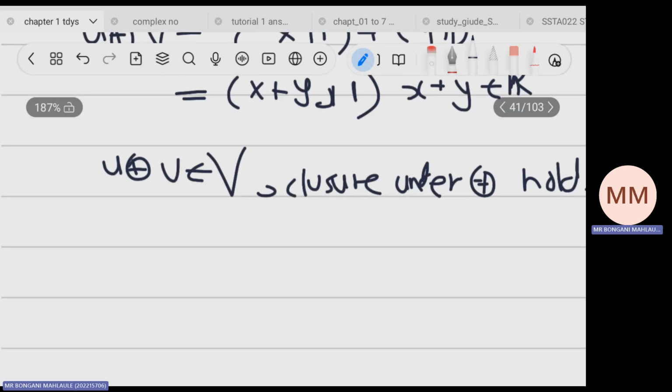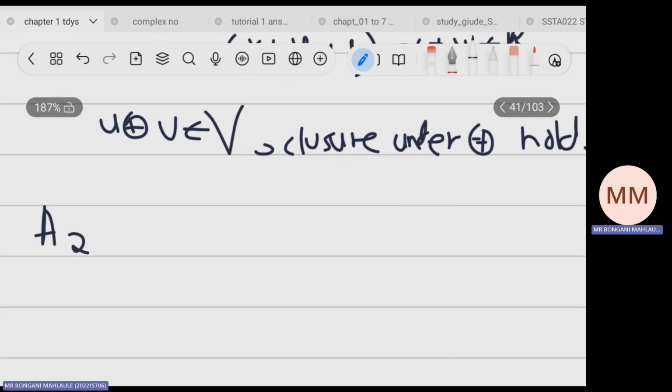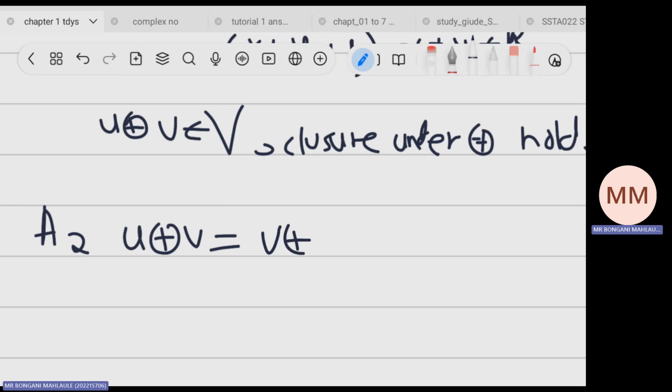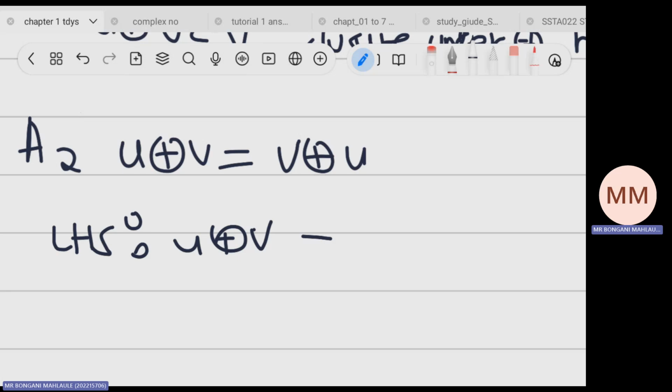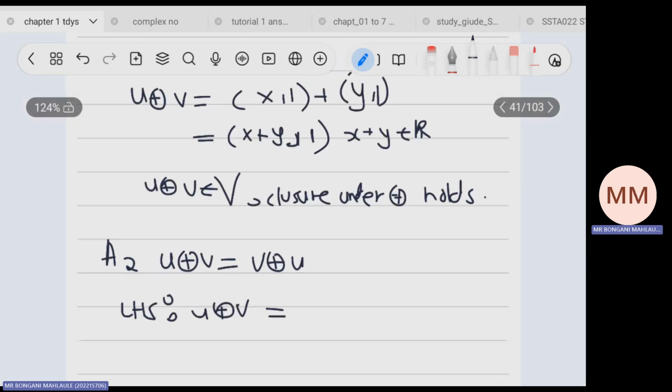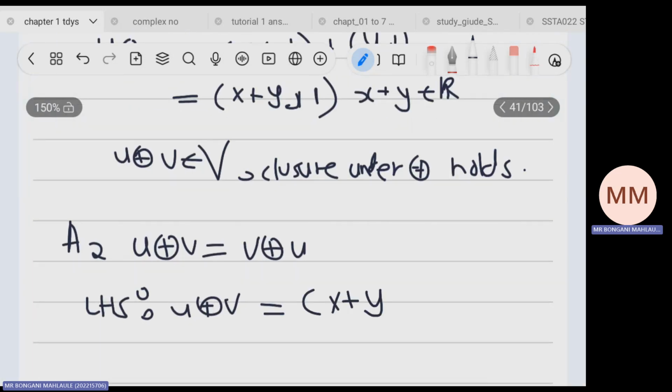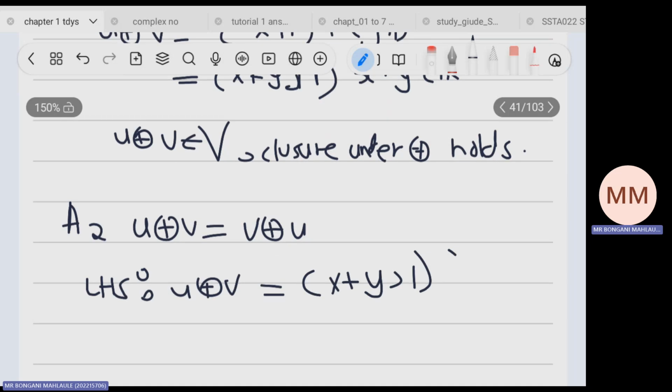Then I come to axiom 2, where here we must check what? We must check if commutativity is going to hold. u plus v is equal to v plus u. So you can say the left hand side, you know it's u plus v. We already have the answer of this one: (x plus y, 1).